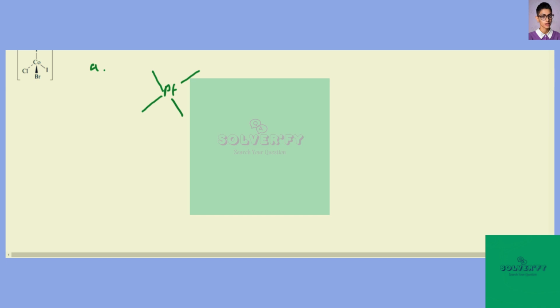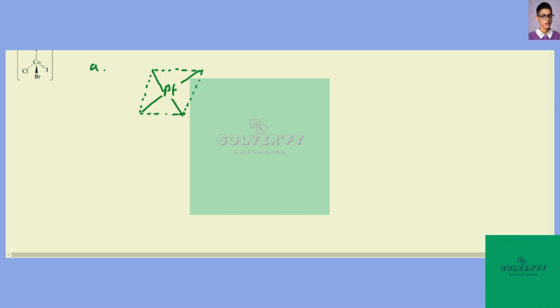So this is square planar. That means you have to imagine that all the 4 ligand molecules and the central metal atom all are in the same plane.